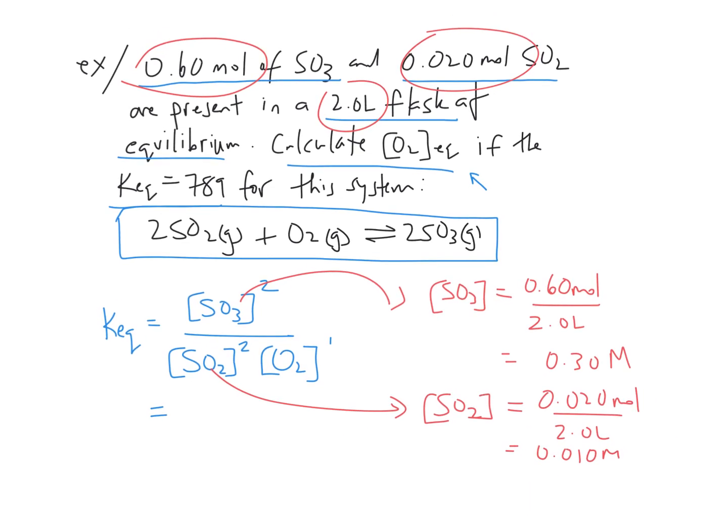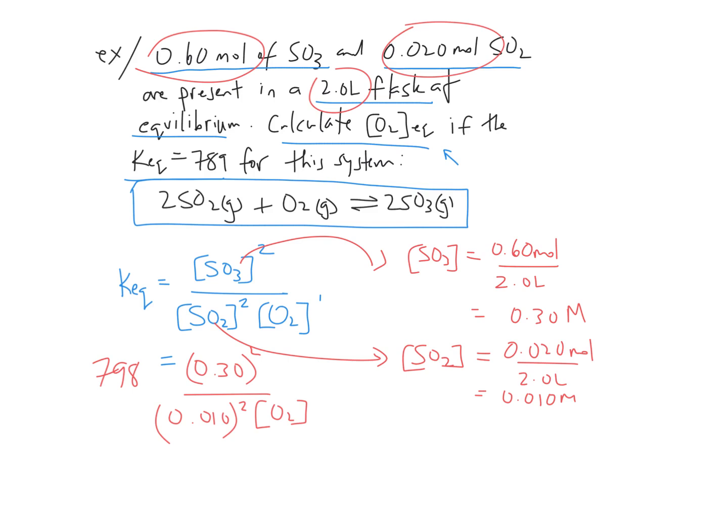We know that K equilibrium is 789, so we can sub these values in: 0.30, to the exponent 2, divided by 0.010 to the exponent 2, times whatever the concentration of O2 is. Then we can just rearrange that equation and solve for the concentration of O2. You can figure out the algebra on it, but the O2 concentration is going to be 1.1 moles per liter.